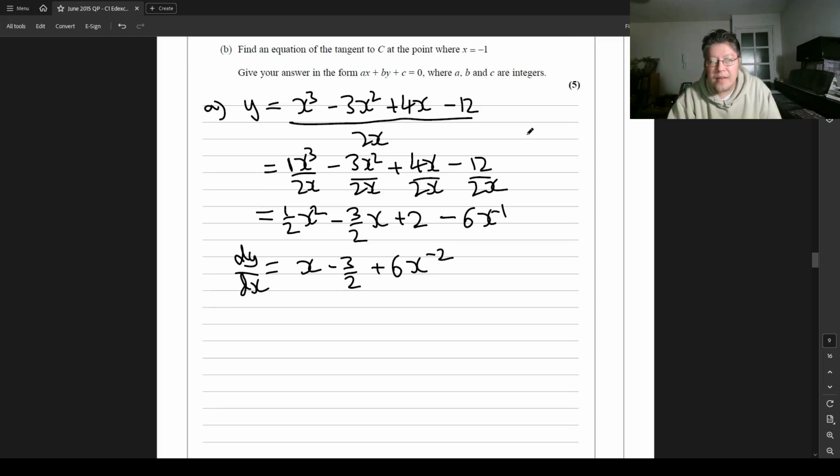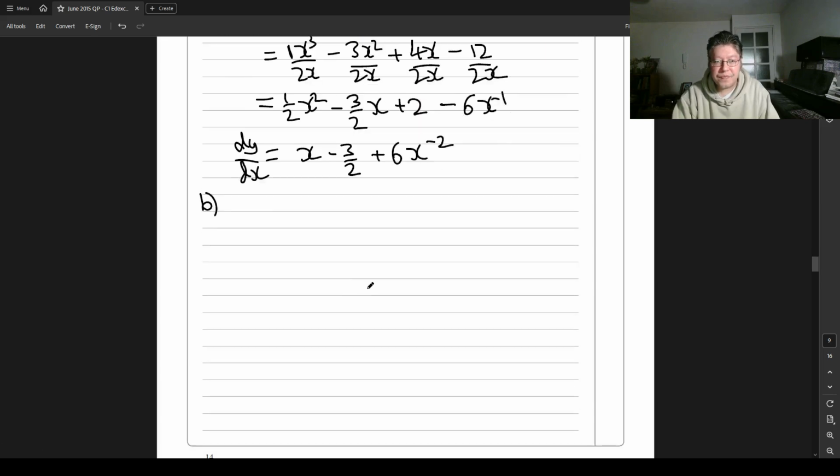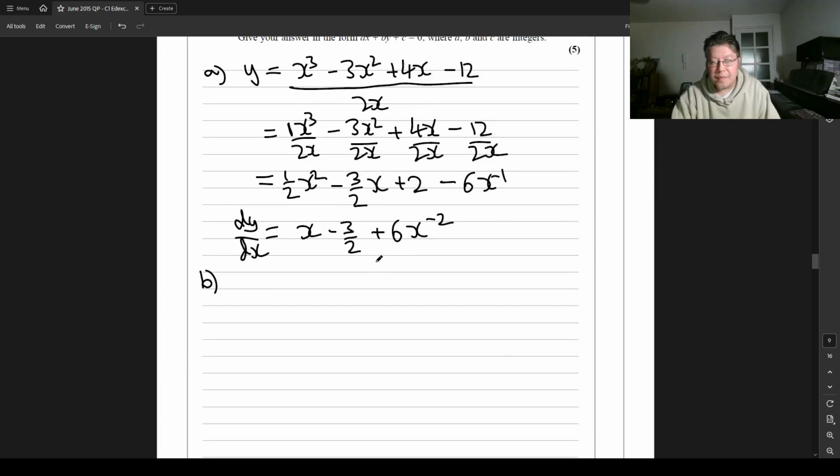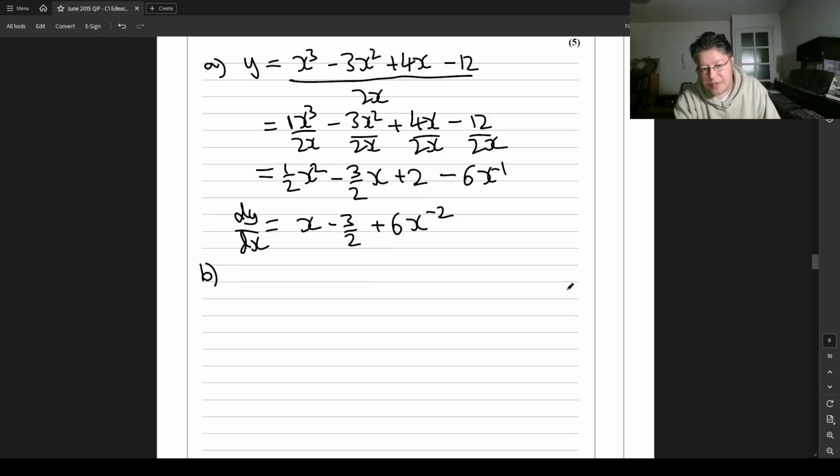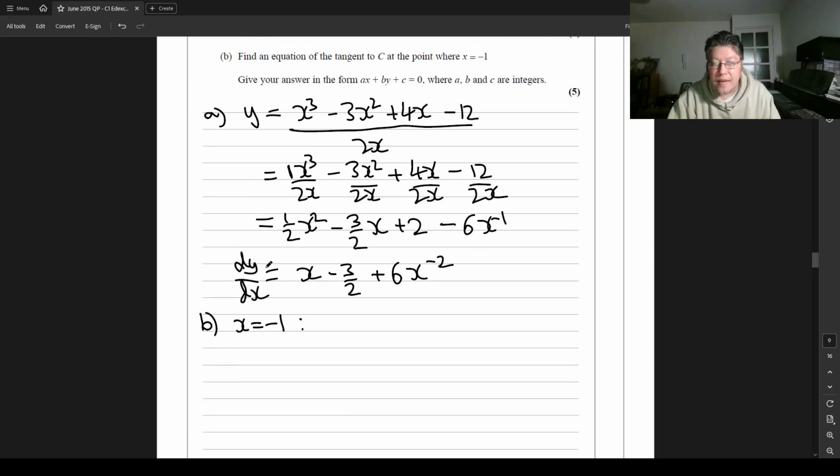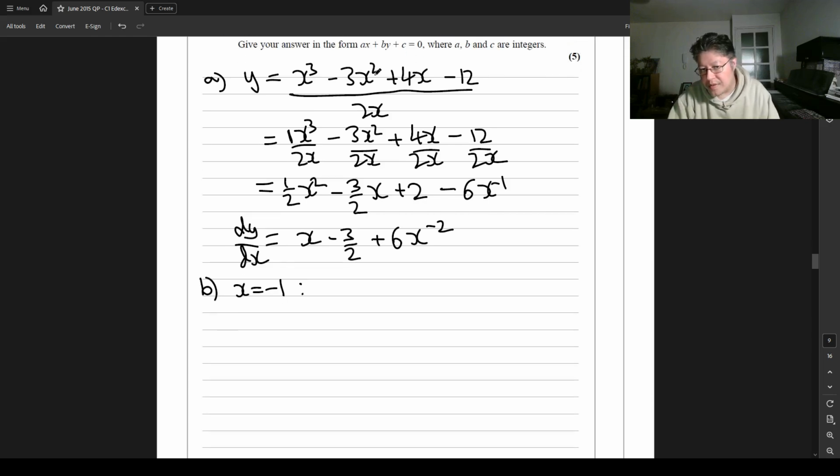And part B: find an equation of the tangent at the point when x is minus 1, and give the answer in that form. Okay, so we need to get a point and a gradient. Let's keep that there. So first of all, when x equals minus 1, we better get the y coordinate first.